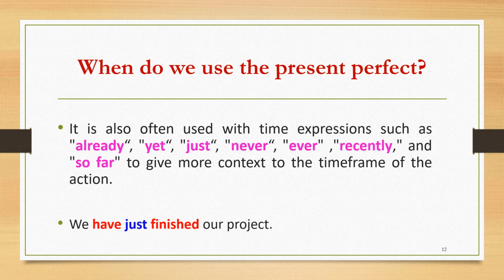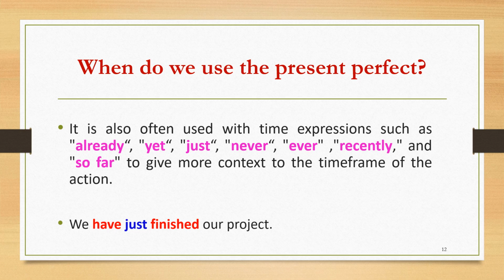For example, we have just finished. It gives an indication that it's a recent time. Recently, I have just, at the minute of talking, finished our project. So when you see these words, already, yet, just, never, ever, recently, and so far, use the present perfect.